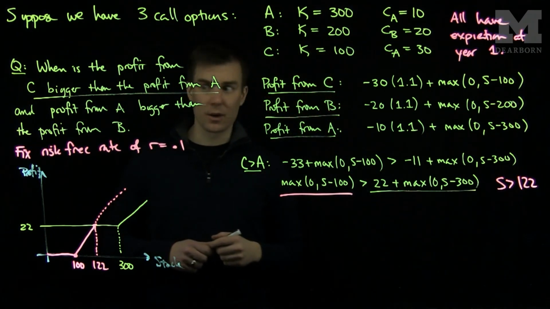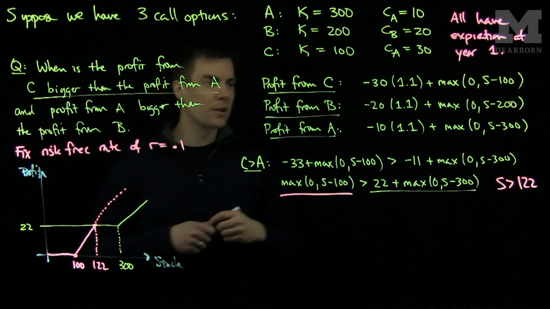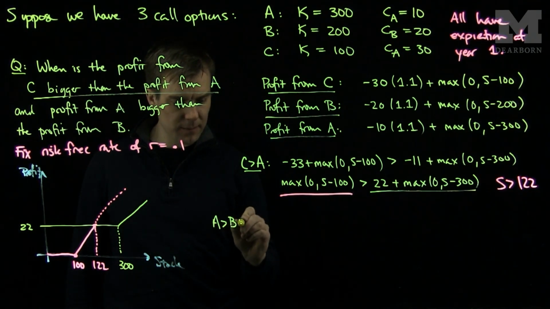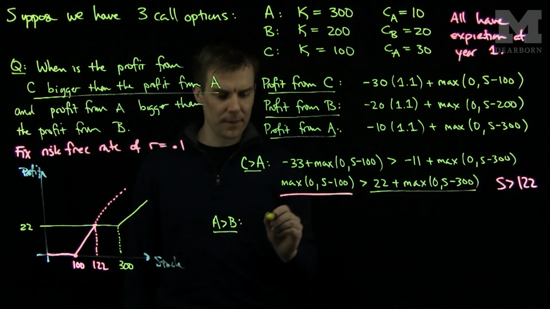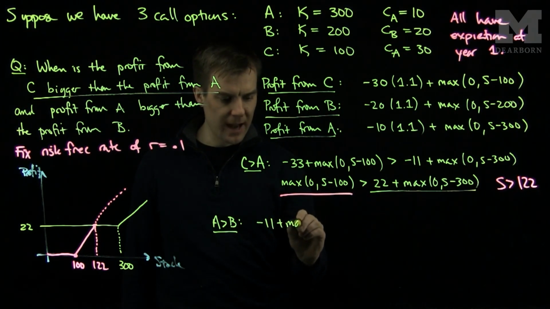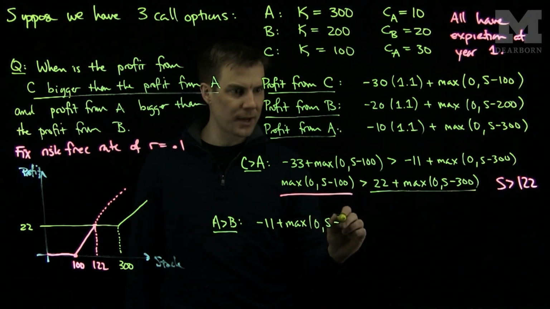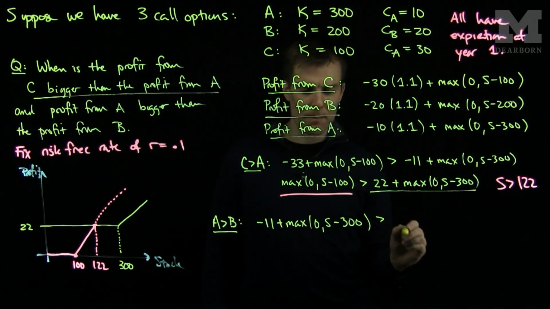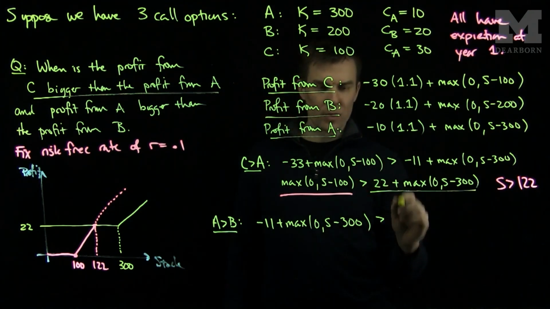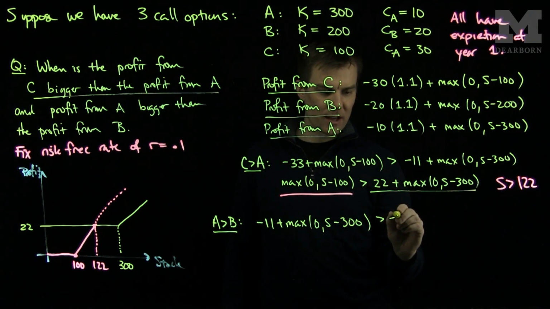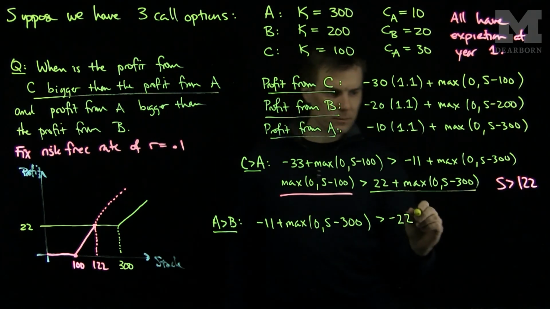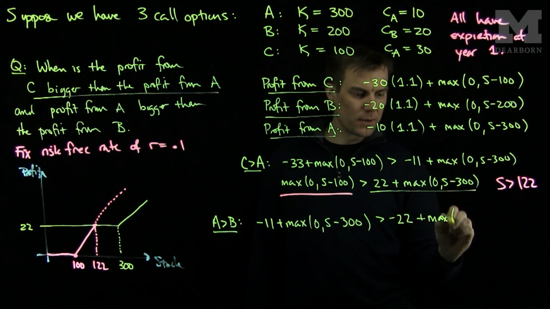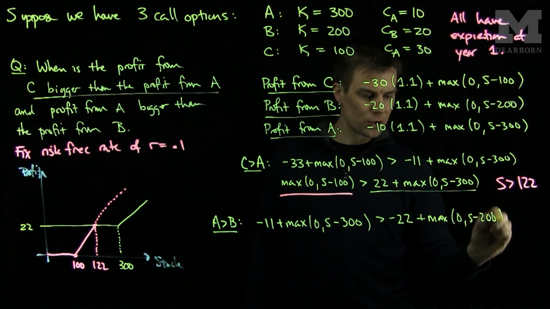Now we return to the second condition. I want the profit from A to be bigger than the profit from B. So A larger than B is exactly the inequality, negative 11 plus the max of 0 and S minus 300, that's the profit from A, needs to be bigger than the profit from B, which is negative 20 times 1.1, negative 22, plus the max of 0 and S minus 200.